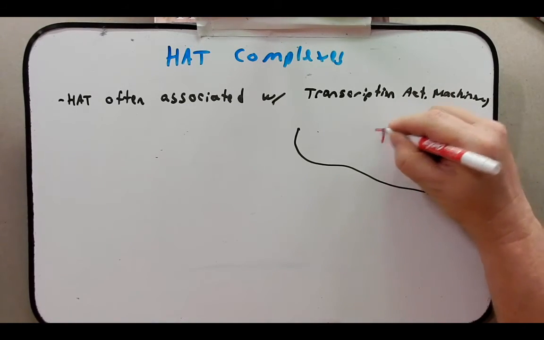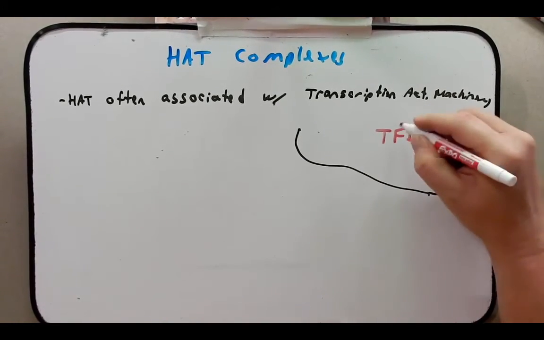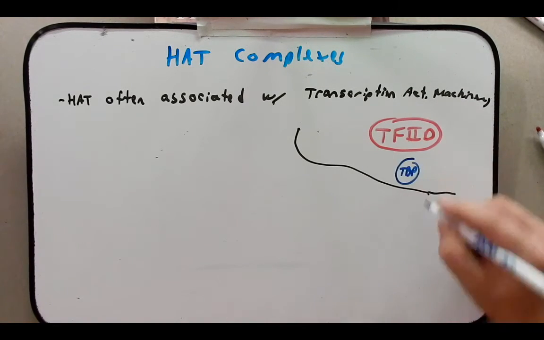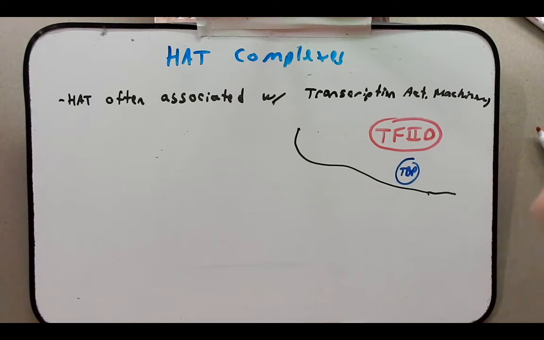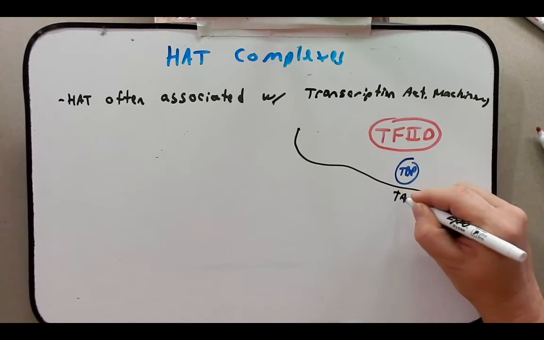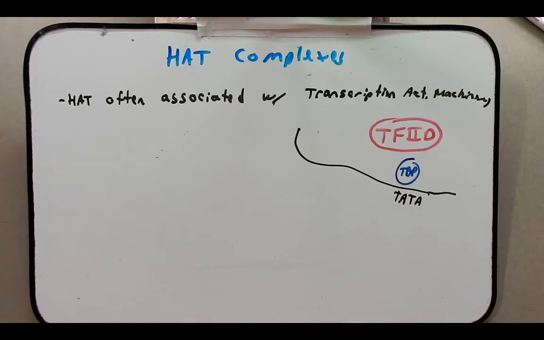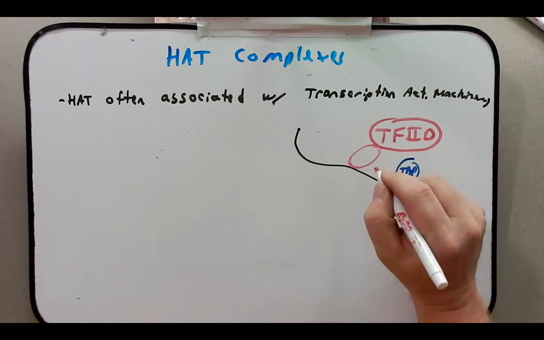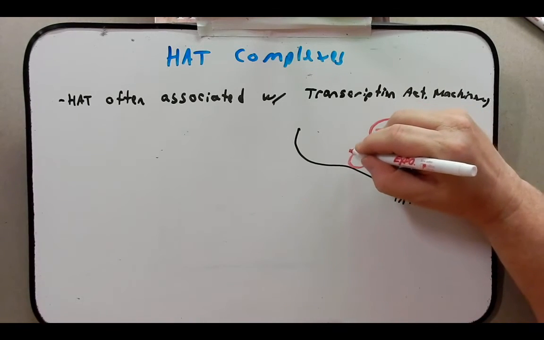Remember, TF2D is the transcription factor complex here that brings in this protein called TBP, for TATA binding protein, because it binds to the promoter known as the TATA box. Associated or linked with this transcription factor 2D is something called TAF145.